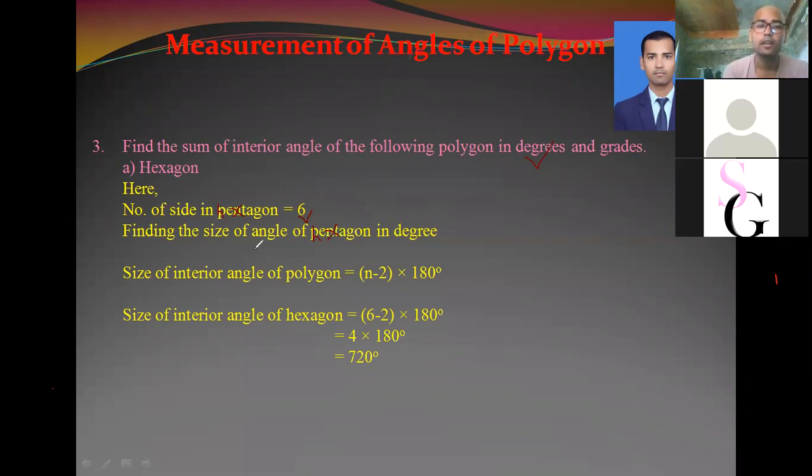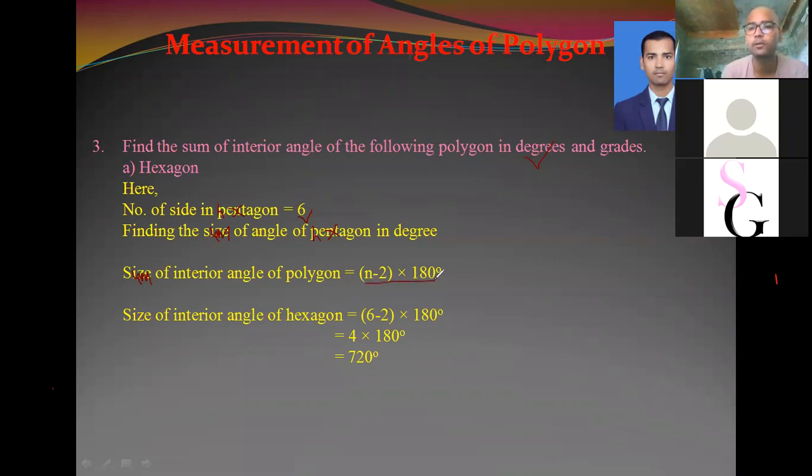Finding the sum of the angles of the hexagon in degrees. It should be sum here, my mistake, it happens. The sum of the interior angles of a polygon is equal to n minus 2 into 180 degrees.